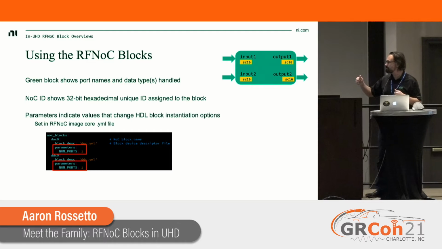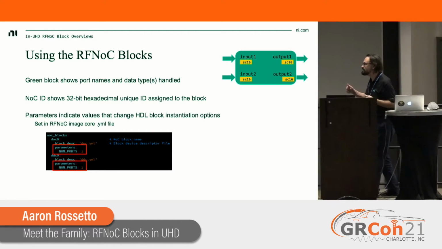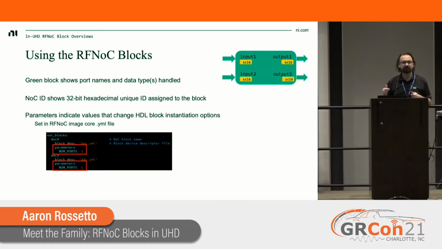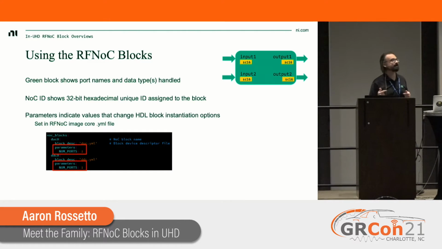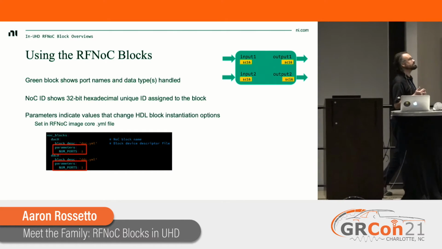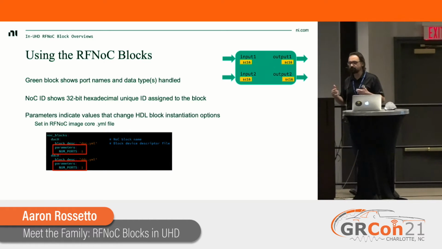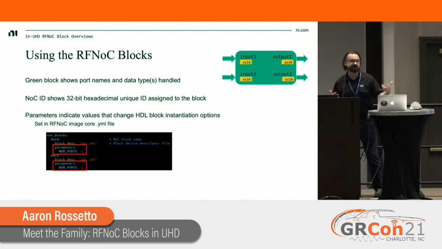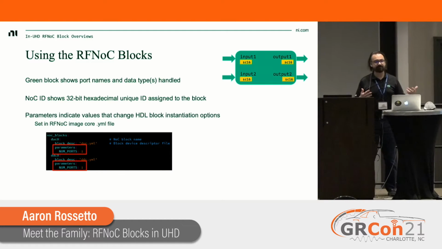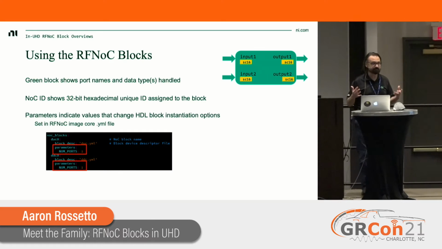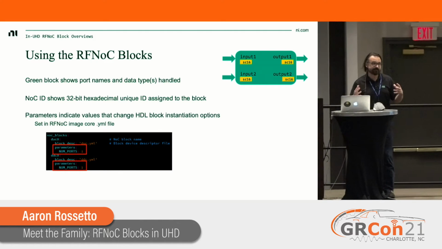In this example, I've got a DUC and a DDC block where I specifically set the num ports parameter to 1. I think by default, you'll find that the DUCs and DDCs have a pair of ports, but in the case where you don't need that, you want to save some FPGA real estate, you might want to dial that down to 1.